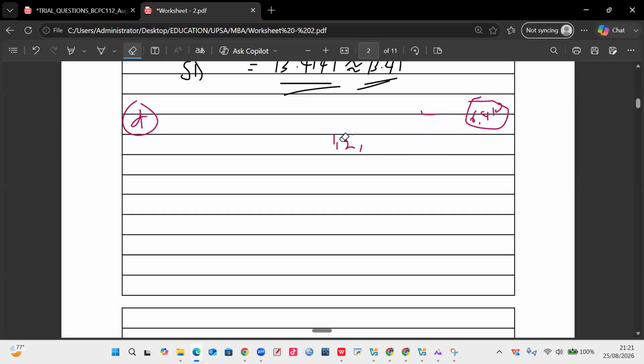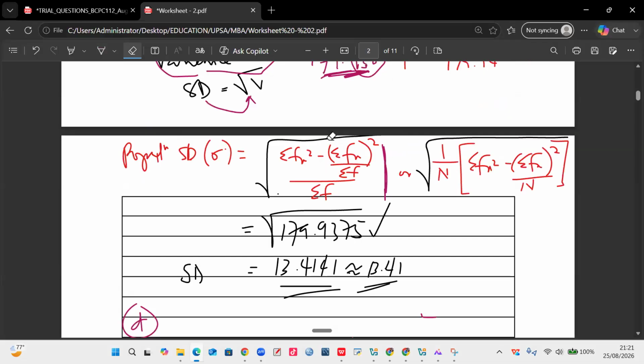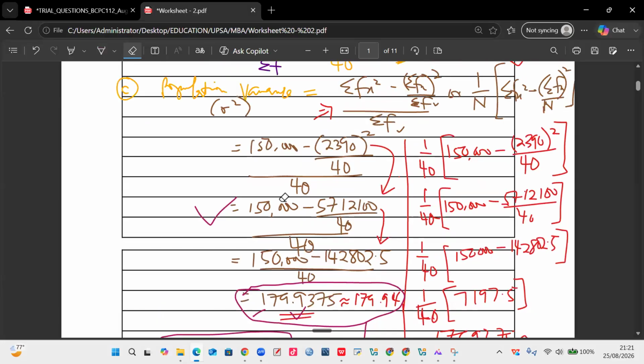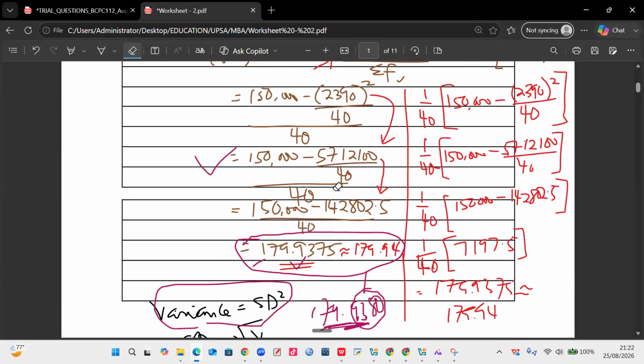Sir, please, the variance now. There was a time that we were solving it. We just use 150,000 minus, brackets, 59.75 squared, that's the mean, over 40. And we got the same answer as 179.94. Oh, you can't use that one. Come again with what you say.